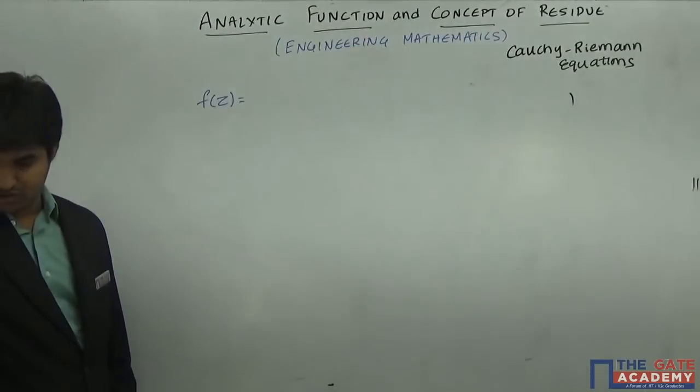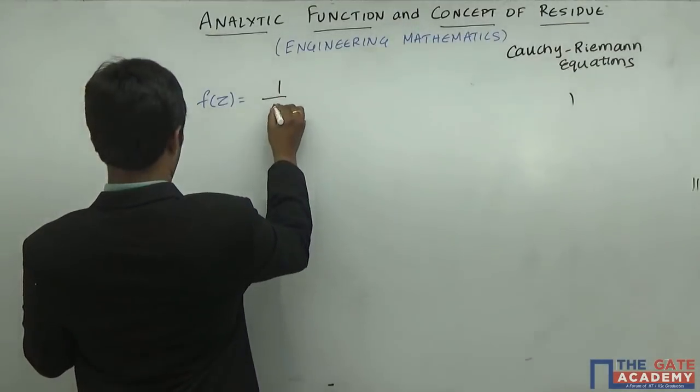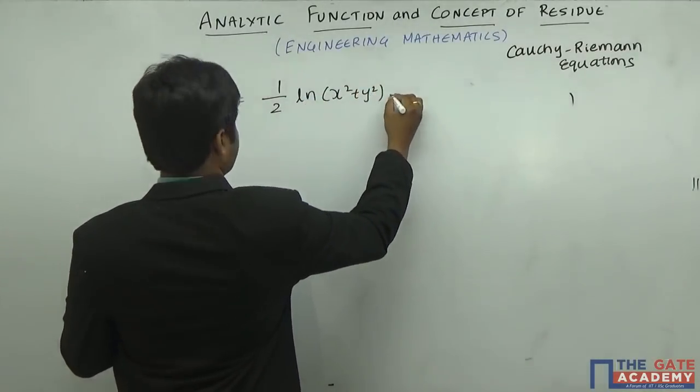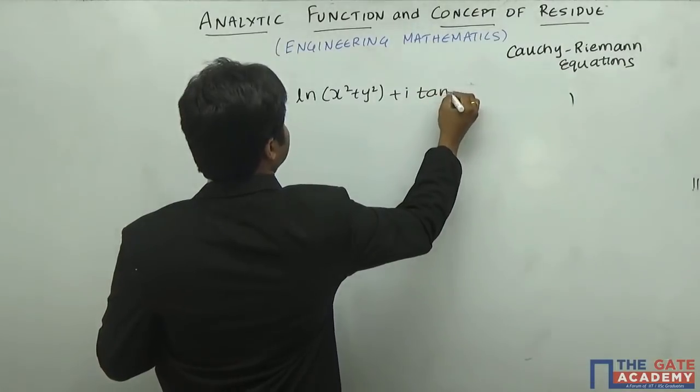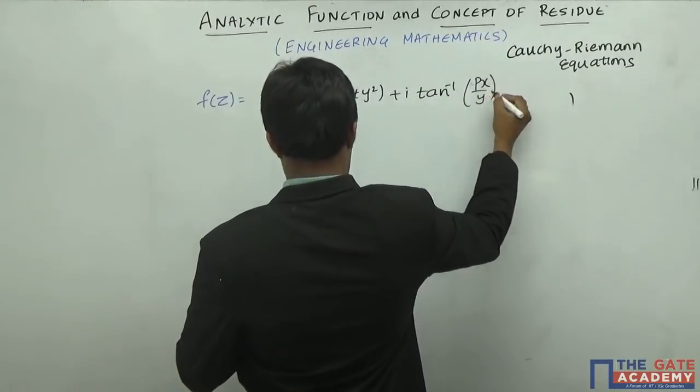Now let us take the second question. Given f of z is equal to 1 by 2 ln of x square plus y square plus i tan inverse of px by y.